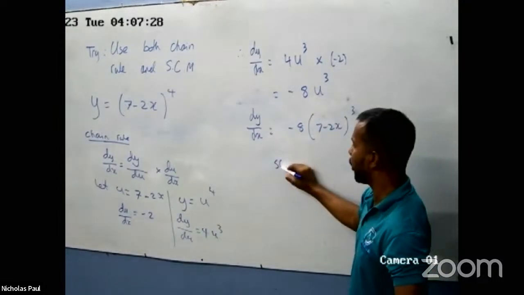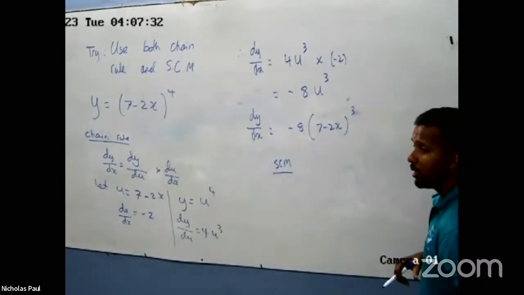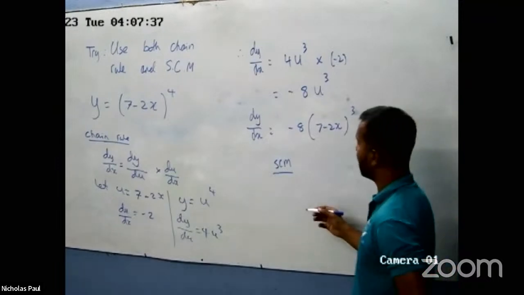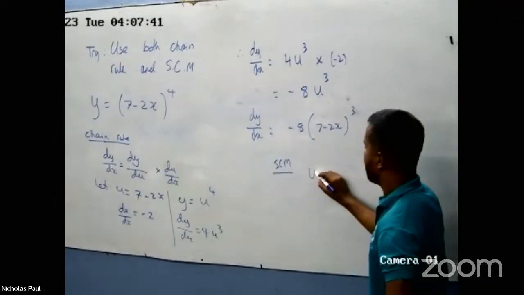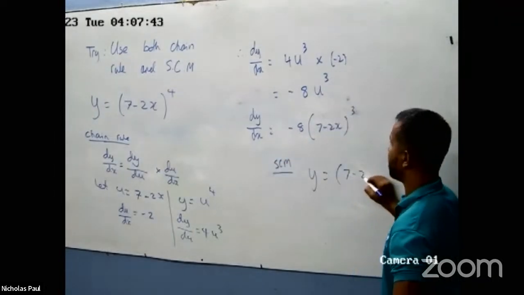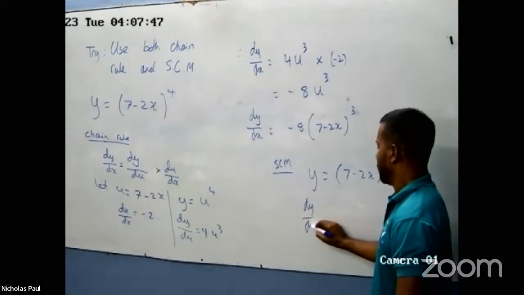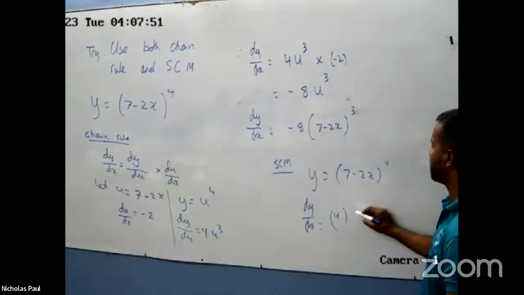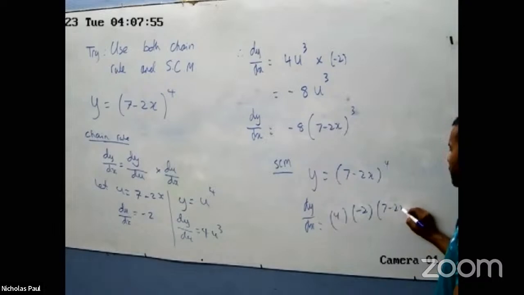If I use the shortcut method now, I'll end up with, where is it here? If I use the shortcut method, 7 minus 2x to the power of 4, bring down the 4, differentiate 7 minus 2x, write back the bracket, and minus 1 from the power.